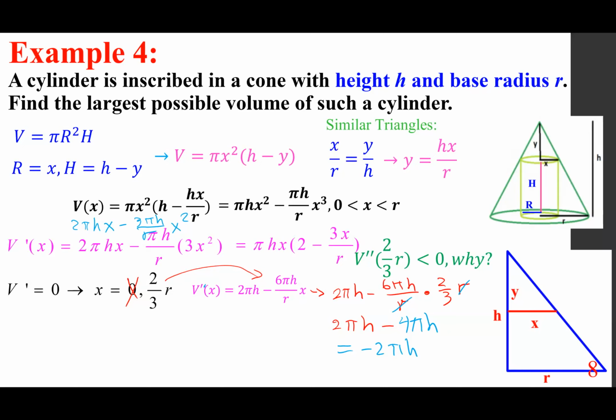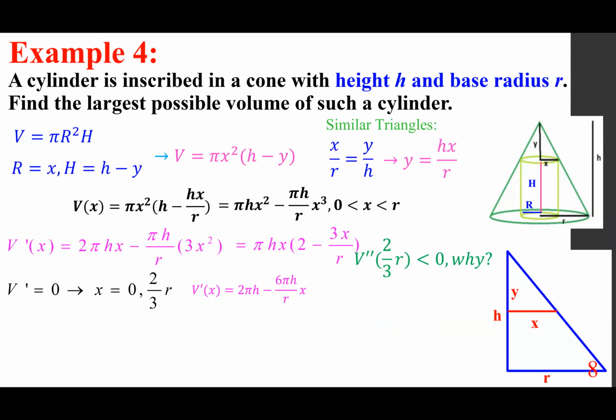What does it mean when it's negative? It's concave down. When it's concave down, then maximum occurs at x equals 2/3 r. We want to find the largest possible volume.